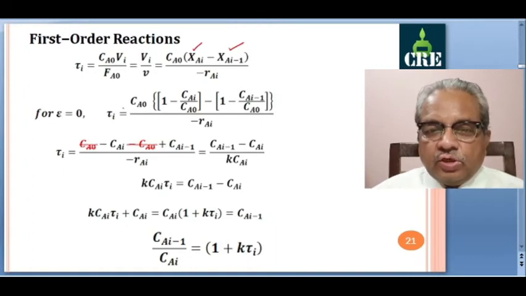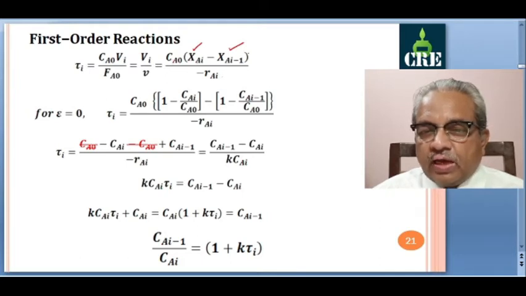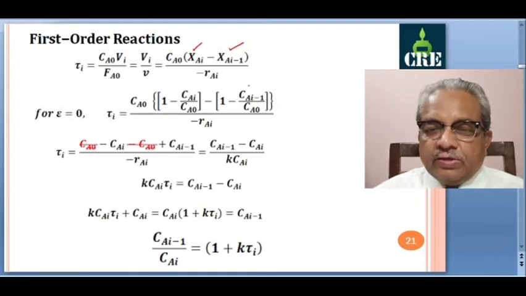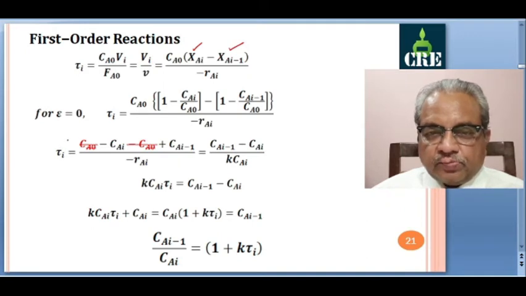For epsilon equal to 0, what is Xai? 1 minus Cai by Ca0. What is Xai minus 1? 1 minus Cai minus 1 by Ca0. And we have already discussed, it is better to write this in terms of concentrations rather than conversions.